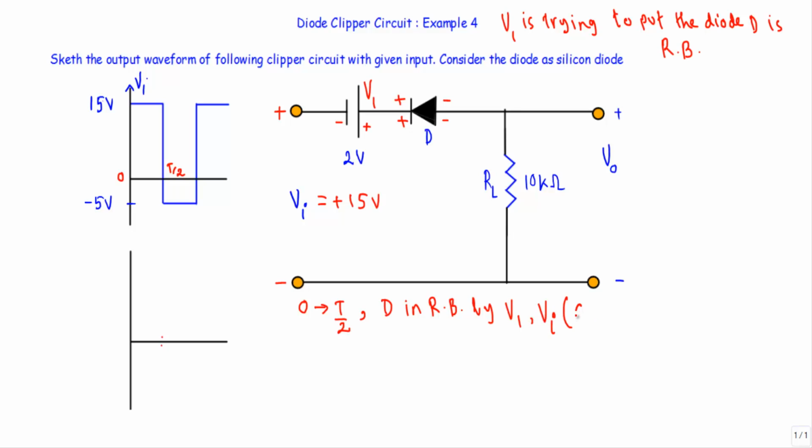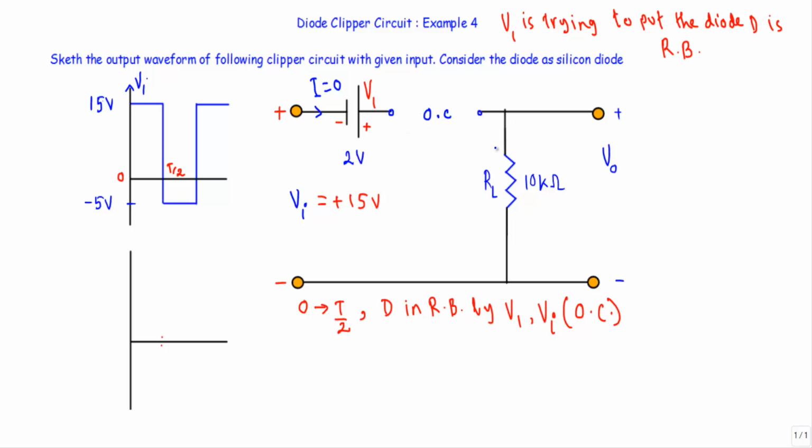In that case, I can replace the diode D with an open circuit. If I replace the diode D with an open circuit, I will get a circuit like this. As this portion of the circuit is open, therefore the current flow in the circuit I is equal to 0.